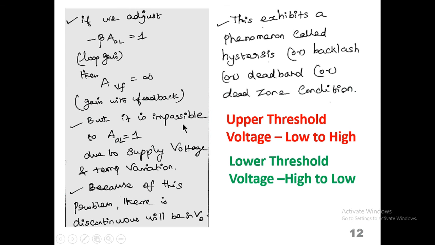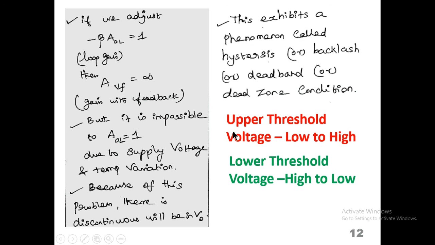But it is impossible to bring the loop gain equal to 1 due to supply voltage and temperature variation. Because of this problem, there is a discontinuity in the output voltage. So this exhibits a phenomenon called hysteresis, or backlash, or dead band, or dead zone condition.